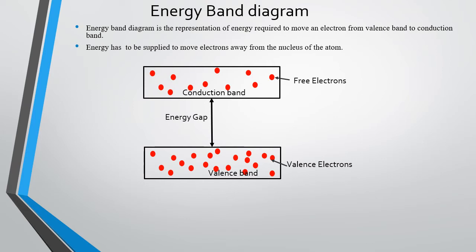So they move from the valence band to conduction band, and in conduction band they are free electrons which are ready to form the bond. The energy required for the electrons to move from the valence band to the conduction band is known as the energy gap.